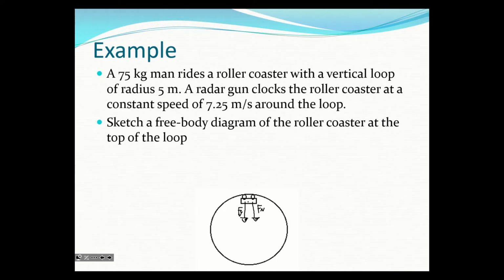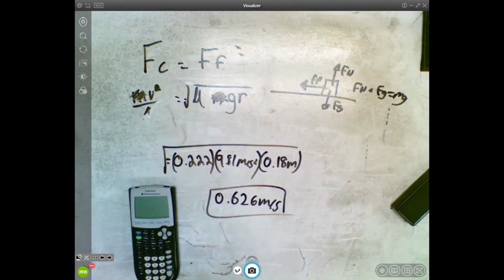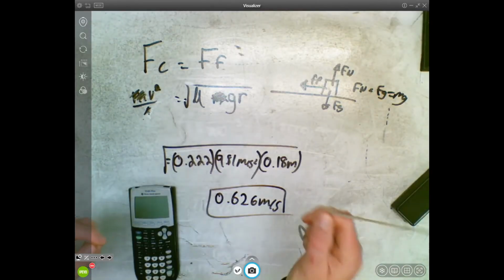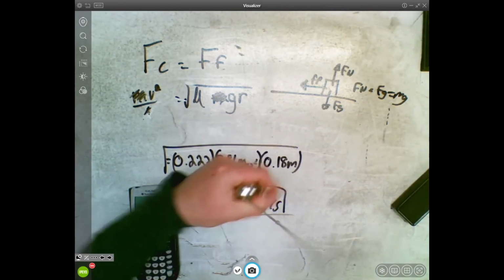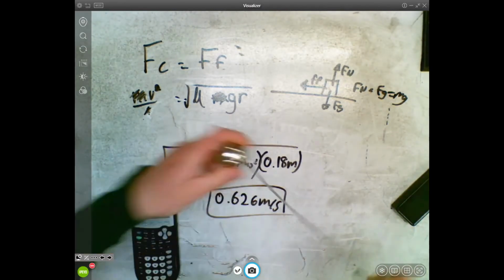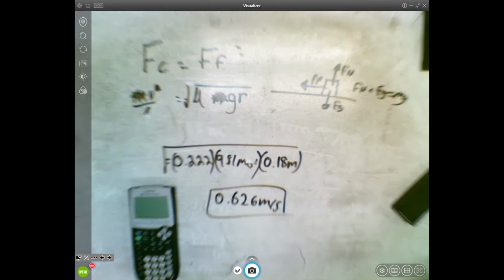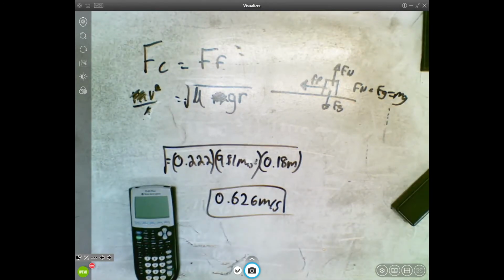So what you can do for all these questions is picture a string attached to this, and the physics would be exactly the same. It's a lot easier to picture something being swung around in a circle like this, having a string attached to it, and drawing out the free body diagram. And you can always use that.